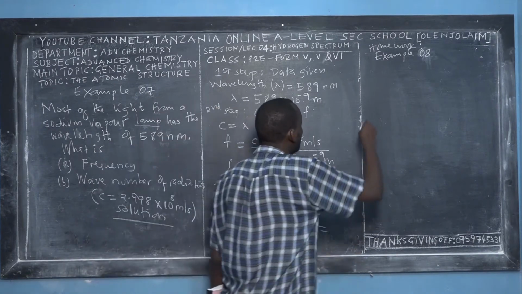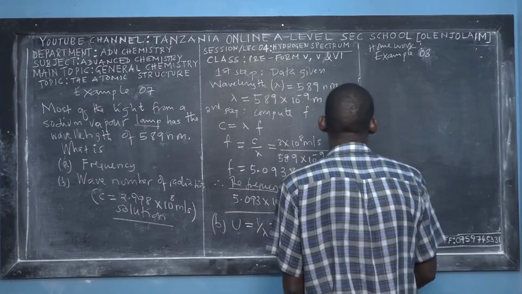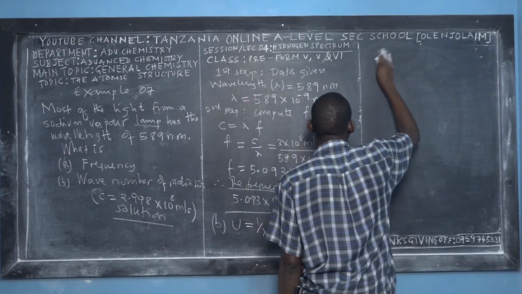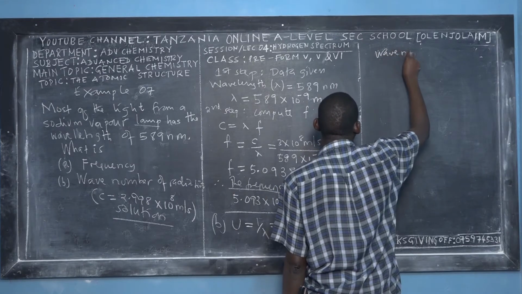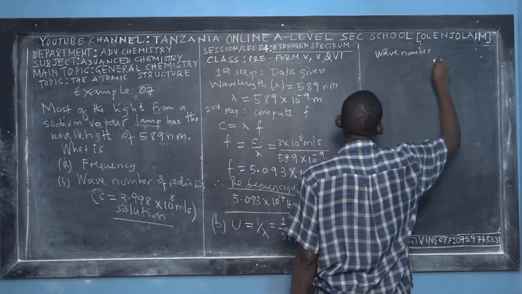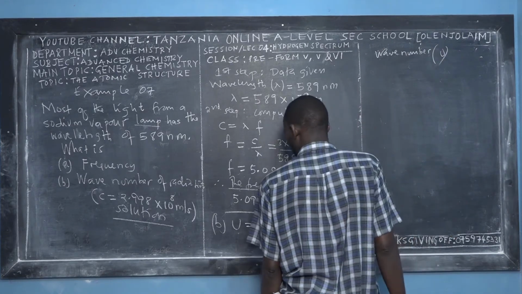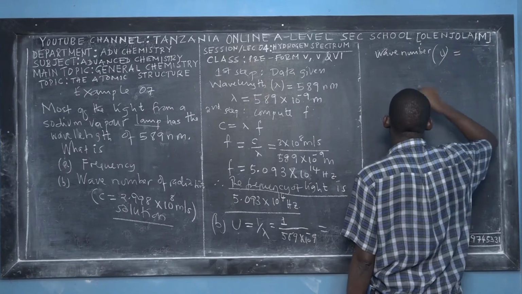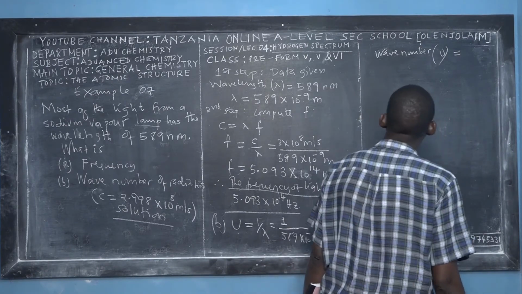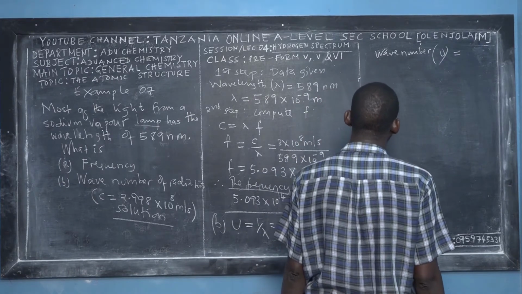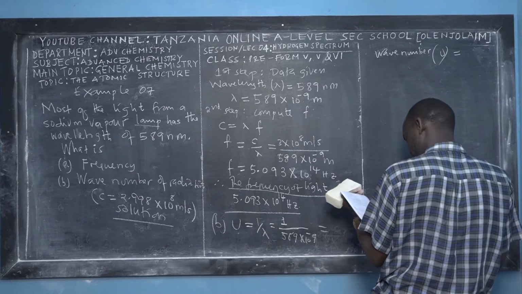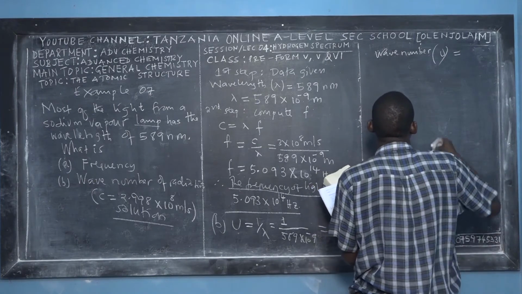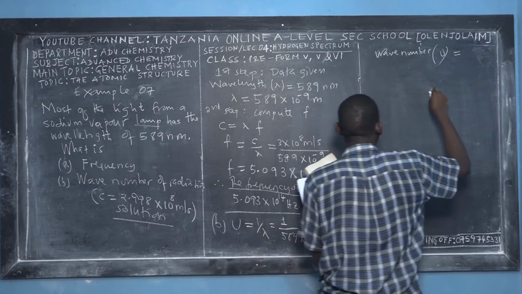If you compute the wave number for this case, we say that this will be equal to 1.6 exponent 6 per meter.